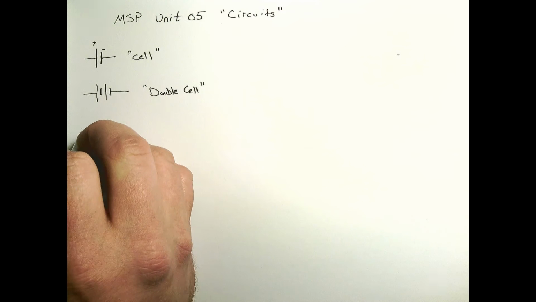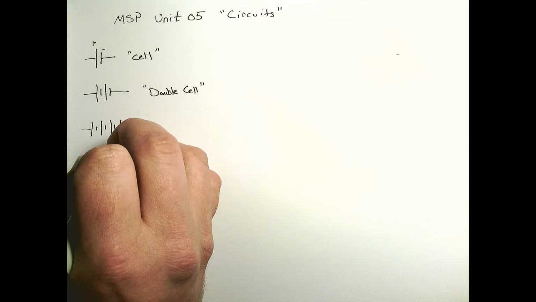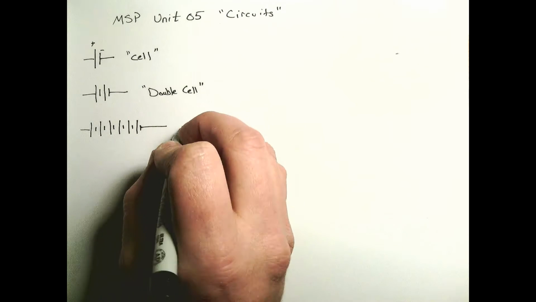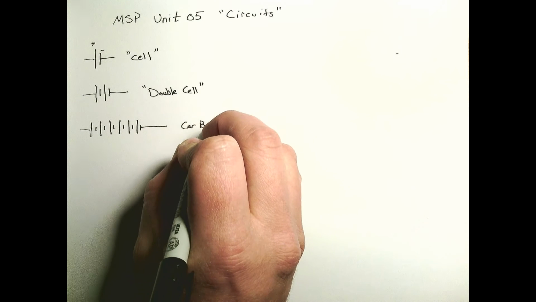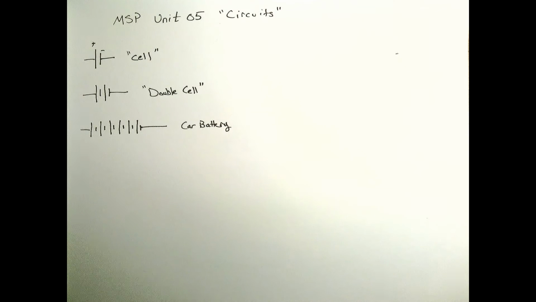So a car battery would be something like this. 2, 3, 4, 5, 6. It has lots of mini batteries inside of it. That's what gives it its 12-volt charge. Okay?